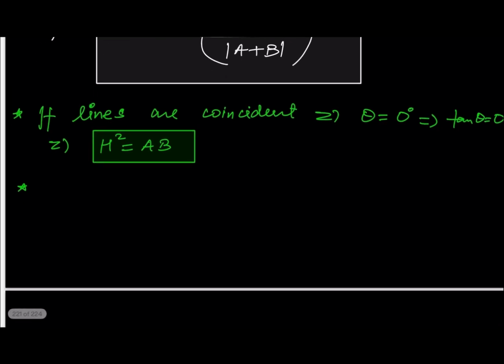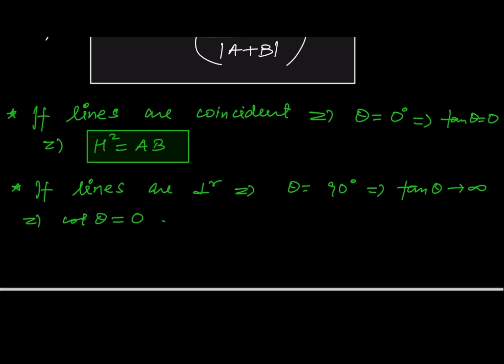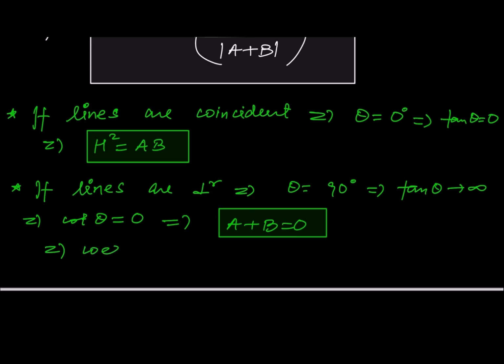Now point number 2 is if lines are perpendicular, it implies theta is equal to 90 degree, implies tan theta is not defined, implies cot theta is 0, implies a plus b is equal to 0. What does it mean? It means coefficient of x square plus coefficient of y square is equal to 0, right?